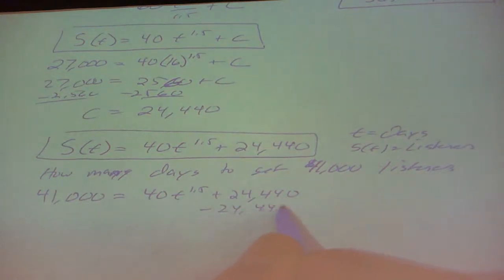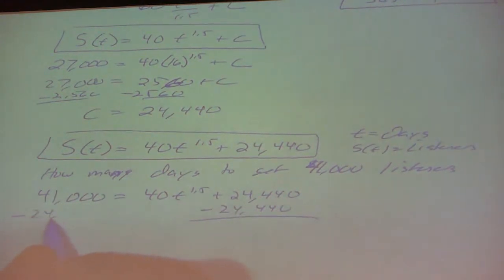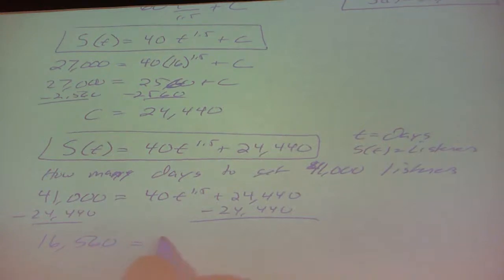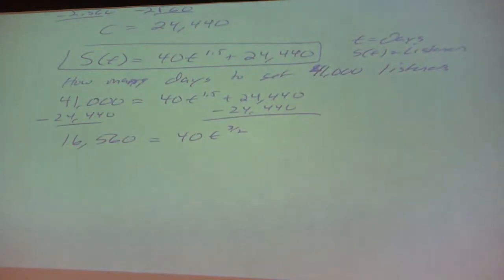Subtract 24,440. 41,000 minus 24,440, which gives me 16,560 equals 40 t to the 3 over 2. I'll show you why in a minute. Same thing as 1.5, 3 over 2.